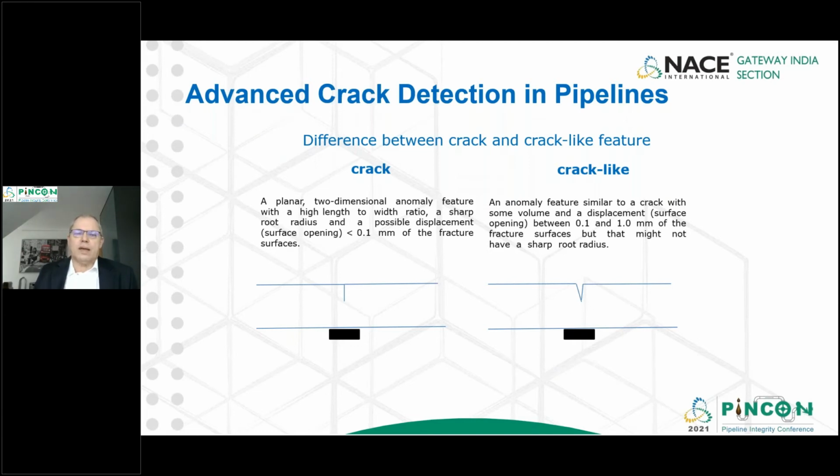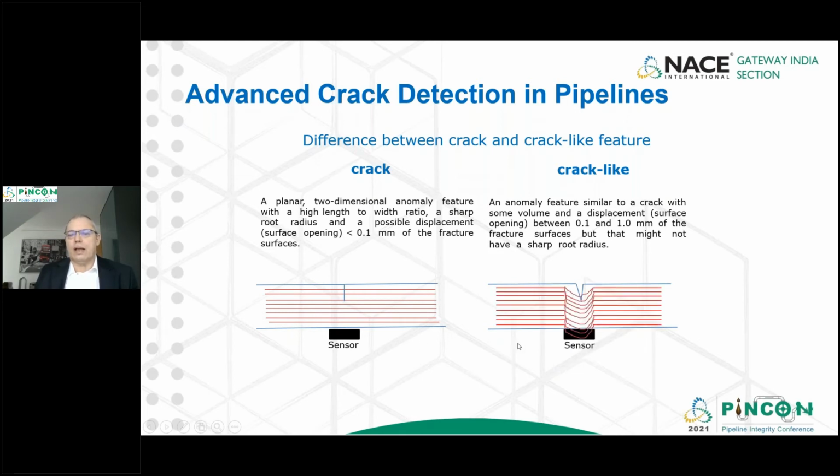And the reason is that in a crack, the magnetic field just passes along without being deflected. Whereas a crack-like feature deflects the magnetic field, and the sensors of the MFL or the TFI tool get a reading. So it is possible that the magnetic tools see crack-like features, but not cracks.